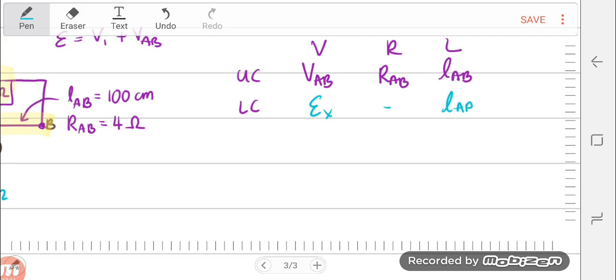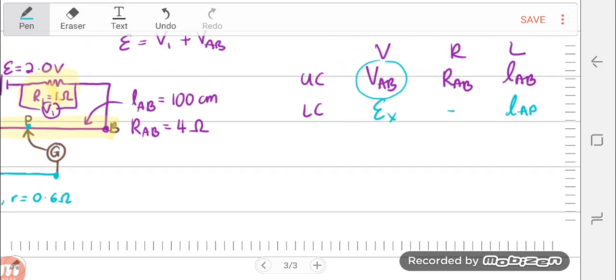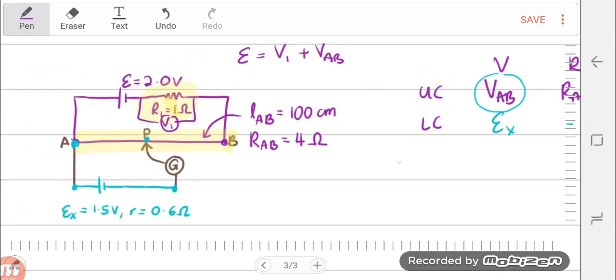So we have to find VAB first. I'm going to change back to the purple color to indicate that this next calculation is for the upper circuit. EMF equals V1 plus VAB.